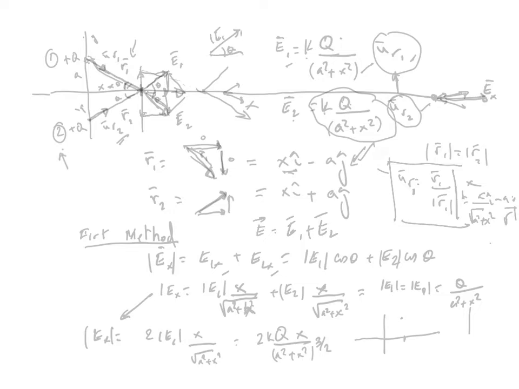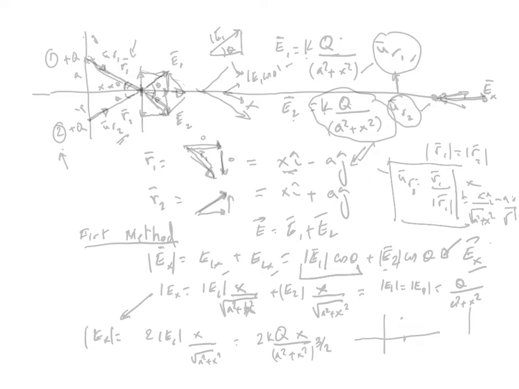So the projection is simply the magnitude of E1 times cosine of theta. And what is the x component of E2? Well, due to the electrical field, E2 is the magnitude of E2 times cosine of theta. It also is projected onto the x-axis. So this is the total magnitude of the electrical field in the x direction.